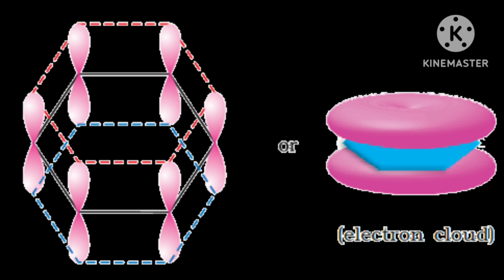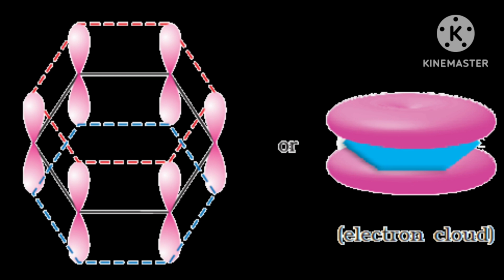Now again you can see more about this benzene structure. The six pi electrons are thus delocalized and can move freely about the six carbon nuclei instead of any two. See, actually what Kekulé told at that time was double bond, single bond.